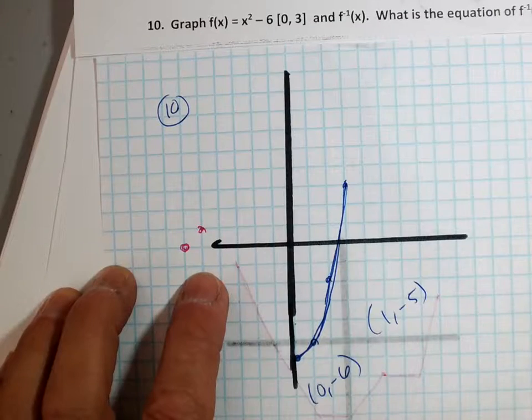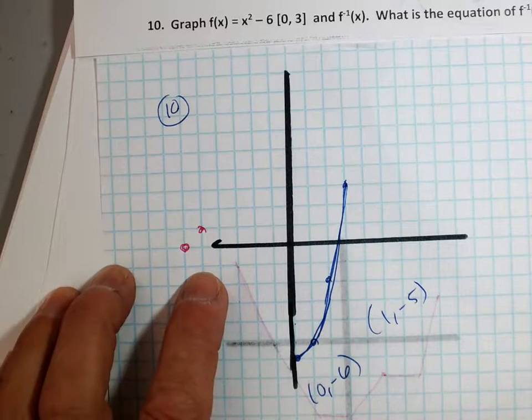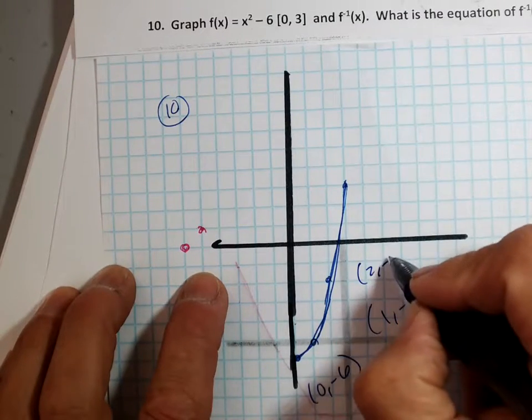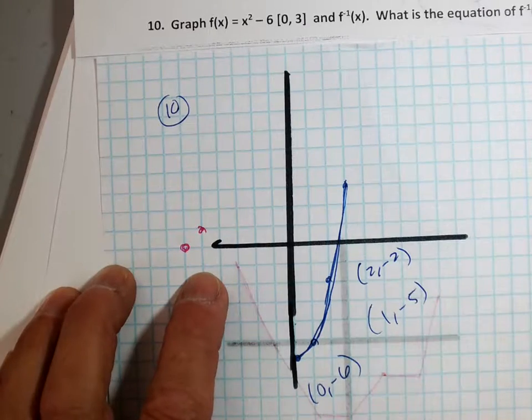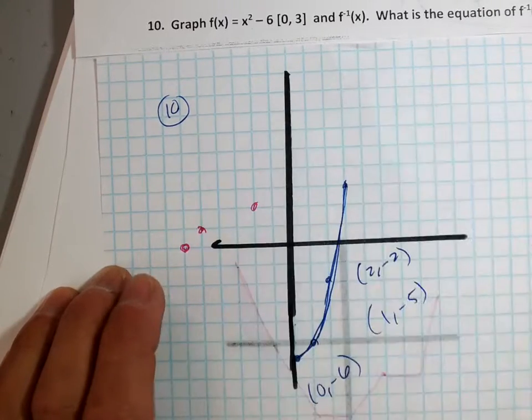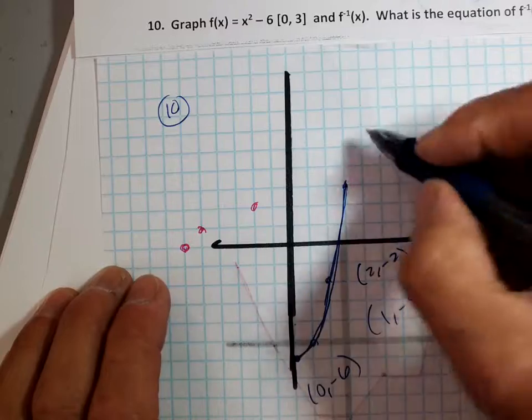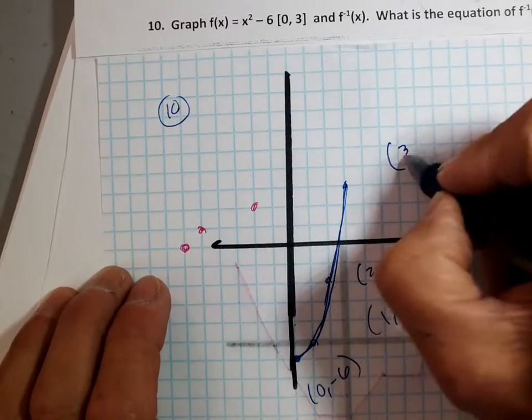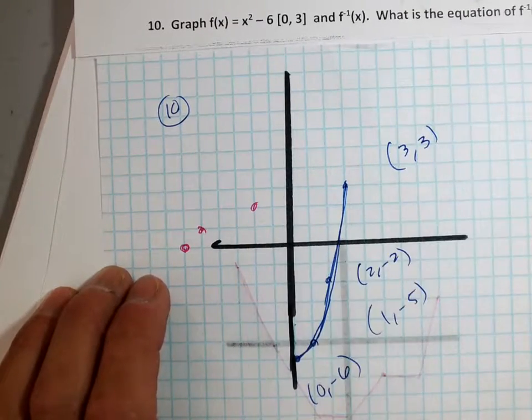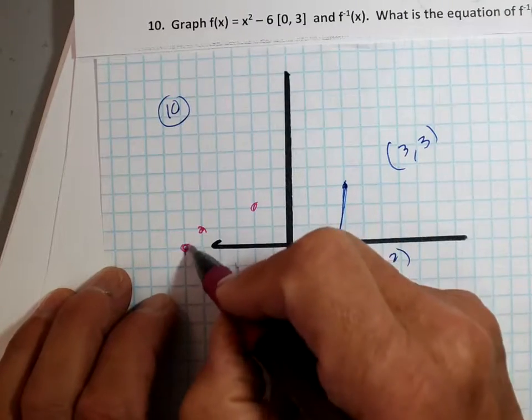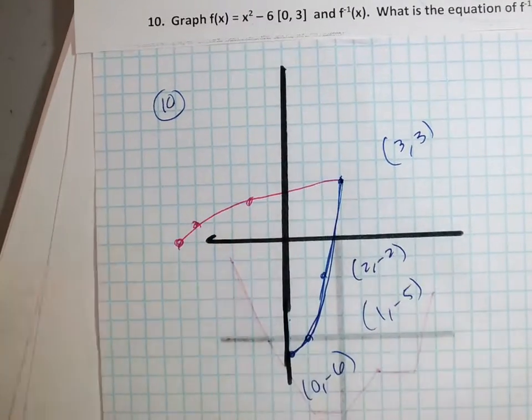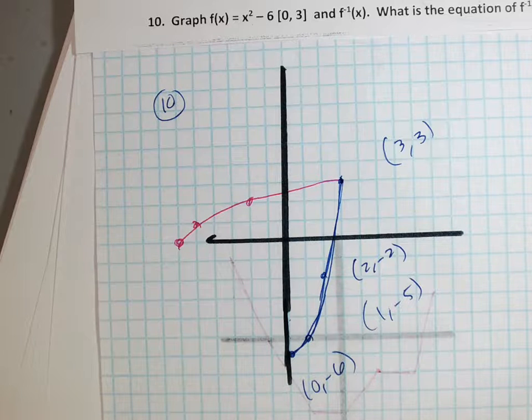Okay? This point is at 2, -2, so I flip-flop it to -2, 2. Okay, and then this last point is at 3, 3, so 3, 3 is easy. That's easy, just 3, 3, right? Here's my inverse graph. So I just flipped the points, so I did.